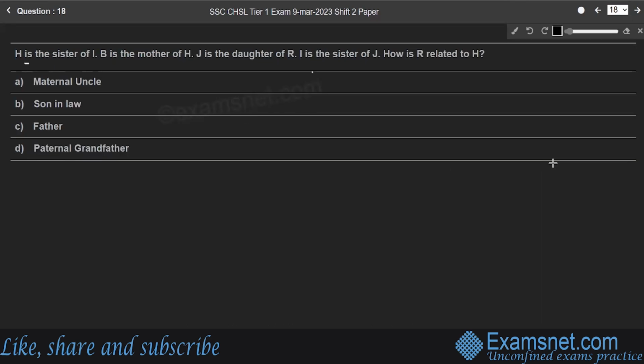Question 18. H is the sister of I, B is the mother of H, J is the daughter of R, I is the sister of J. How is R related to H? Here students will make a family tree using some symbols.